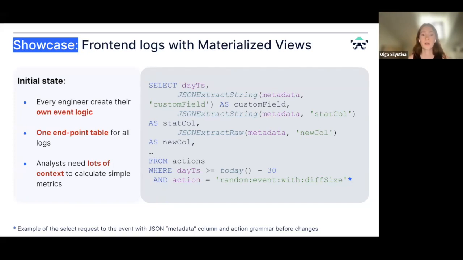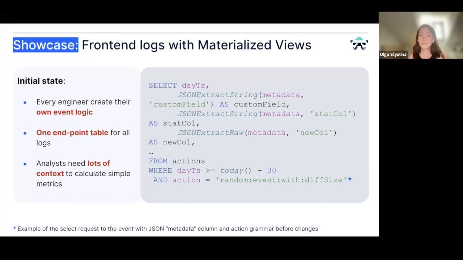And on the other hand, we have one endpoint table, and all those events are going to this table, and there is a huge amount of data, and analysts should get a lot of context to understand which particular event they need to use to answer the business question.